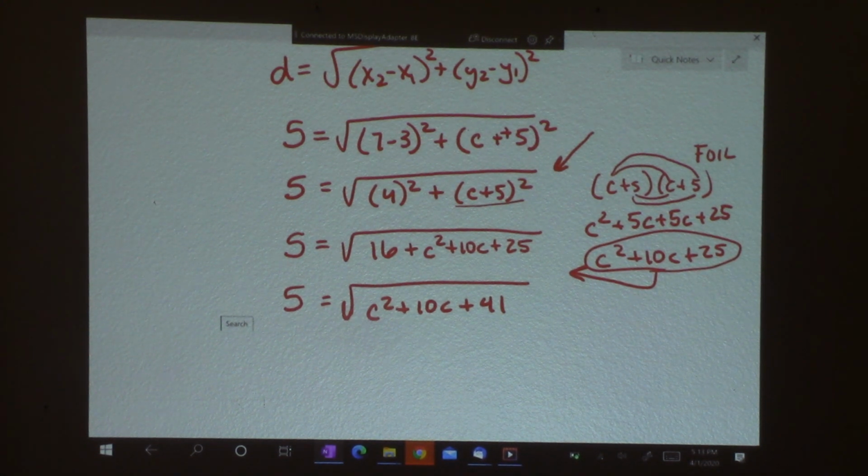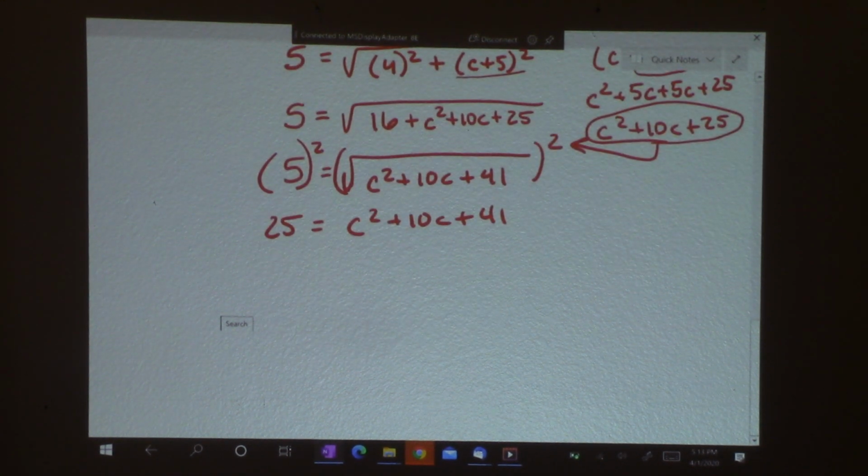So I have to get rid of that square root. How do I do that? I learned that either earlier this chapter or in chapter 10. So I'm going to square both sides. And I get 25. Now my square root is gone because the power of 2 cancels that.